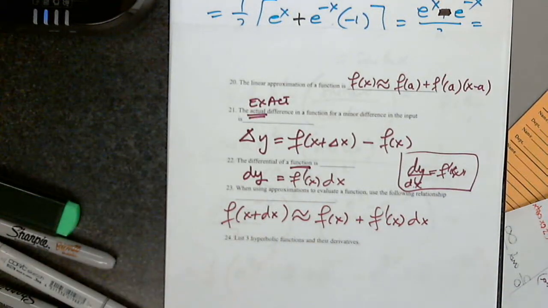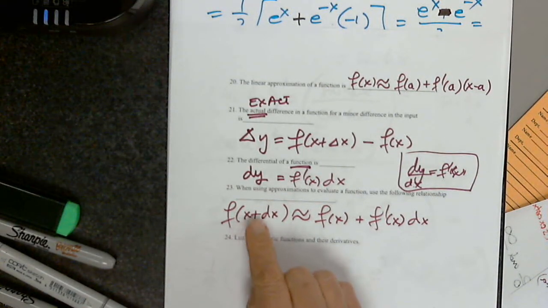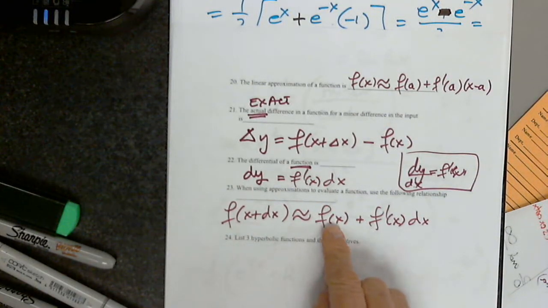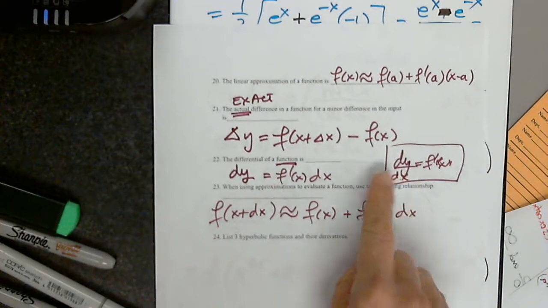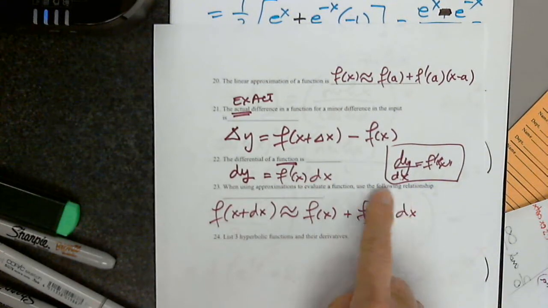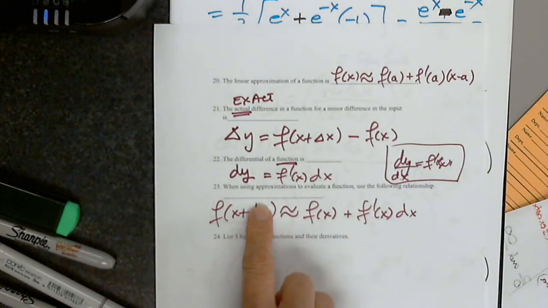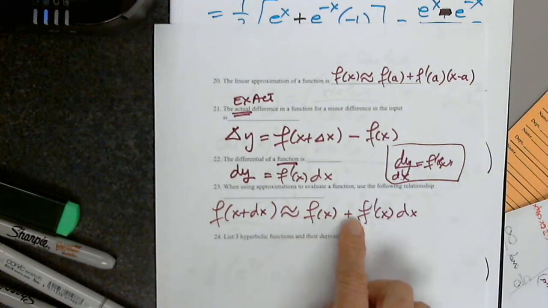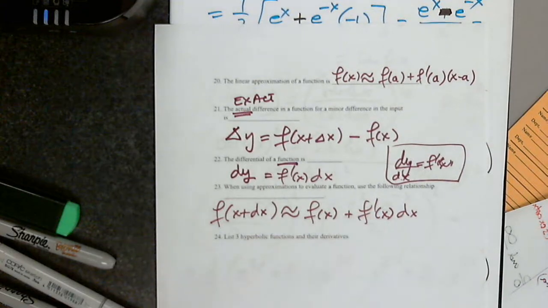So here's how we should remember it easy. We proved all this, so this is not memorization, but we need to think about it. f of x plus a little bit of x is approximately f of x plus a little bit of y. This is dy, this is a little bit of y, and this is a little bit of x.